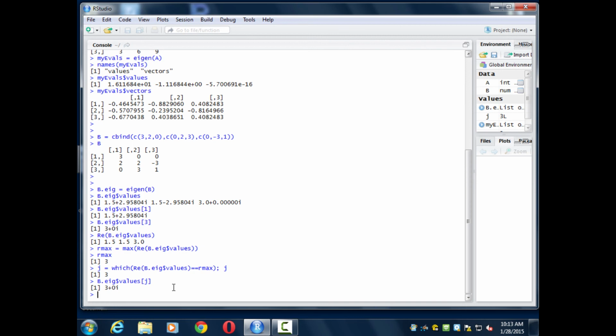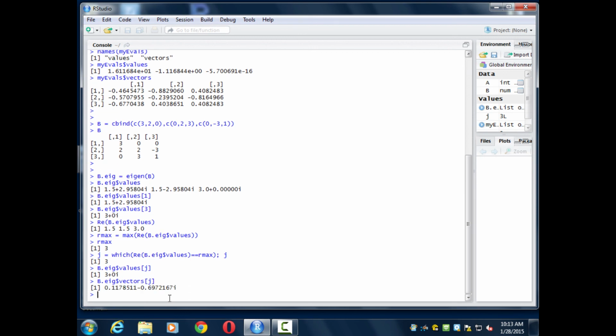Okay, and if we would also like to keep track of the eigenvector that corresponds to the eigenvalue with the largest real part, then we can type this, right? j is the index of that eigenvalue, and this is the eigenvalue with the largest real part, and its corresponding eigenvector is given by B.eig vectors.